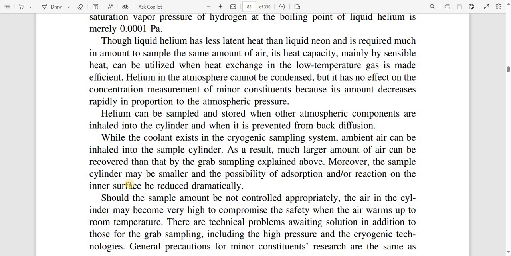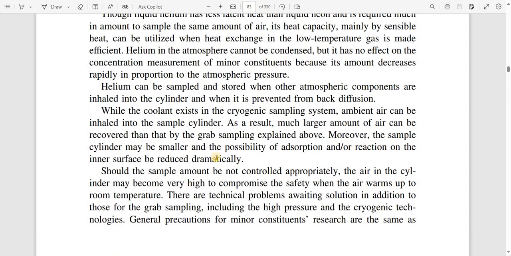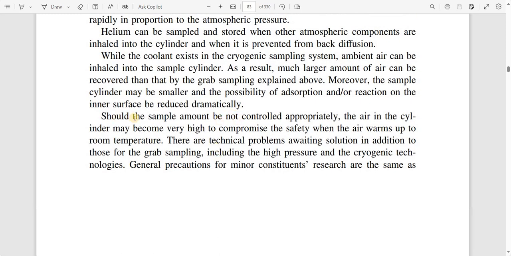Moreover, the sample cylinder may be smaller, and the possibility of absorption or reaction on the inner surface is reduced dramatically. Should the sample amount not be controlled appropriately, the pressure in the cylinder may become very high, compromising safety when the air warms up to room temperature.